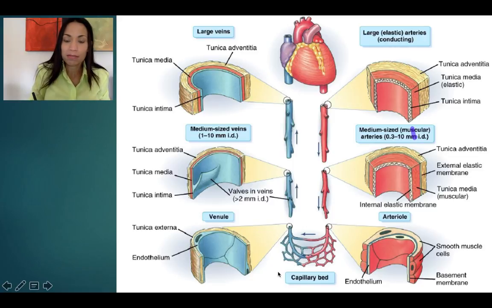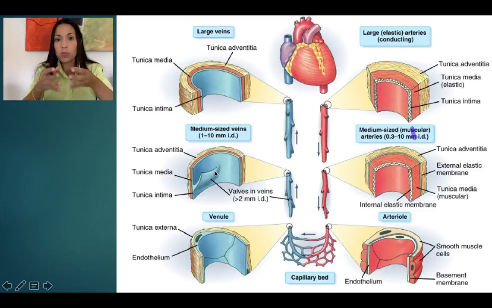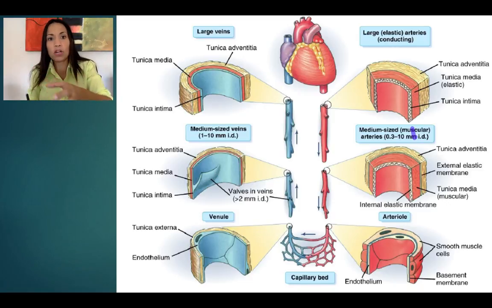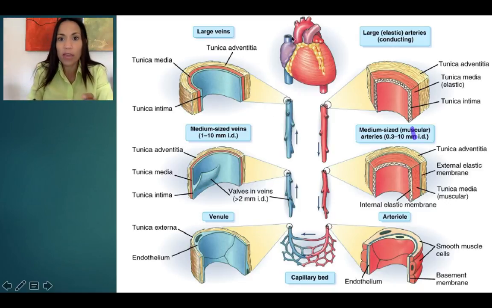So this blood, oxygenated or deoxygenated, is going to be emptied into a venule. The small venules merge together to form medium-sized veins, and medium-sized veins merge together to form large veins, and the large veins that we have are the superior and inferior vena cava that open into the right atrium.